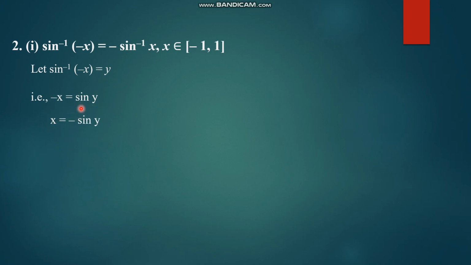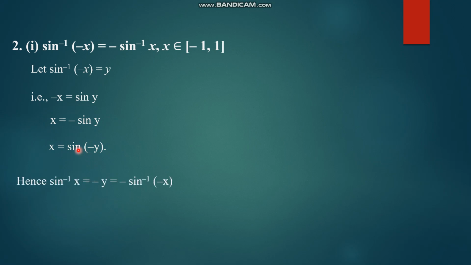If you take minus to the right, we will get x is equal to minus sine y. And as we know, when you take minus inside the sine, it will become sine of minus y. We have seen a proof in first PUC: sine of minus x is equal to minus sine x. Similarly, sine of minus y will be minus sine y.